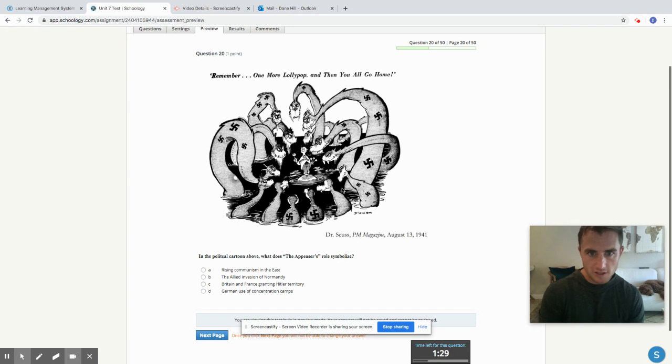Okay, we got to look at this here. There's a little Dr. Seuss character in the middle, and he's holding what looks like a bunch of lollipops. And then we've got all of these swastika-covered creatures that are eating the lollipops. And it says up at the top, remember, one more lollipop, then you'll all go home. But he's called the appeaser. Okay, so I see what's going on. He's giving all these creatures lollipops, but more and more are coming, and you're just feeding the monster.